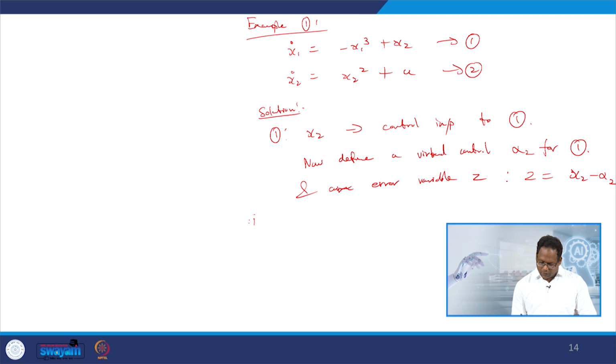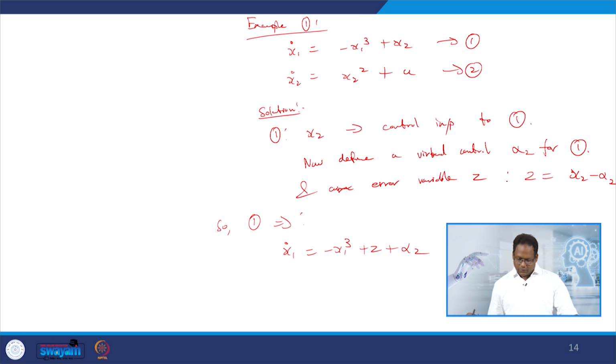So, equation 1 becomes x1 dot is equal to minus x1 cube plus z plus alpha 2, because I am representing equation 1 in terms of z, since z is equal to x2 minus alpha 2.